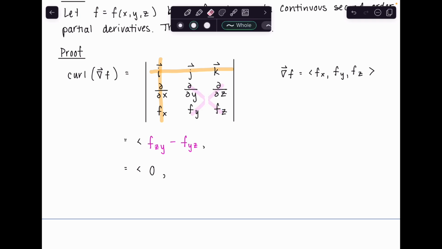Moving on to the second component, that means I block out this column instead. To figure out my first component, I would multiply these two together. I also get a negative in front because it's the second component.